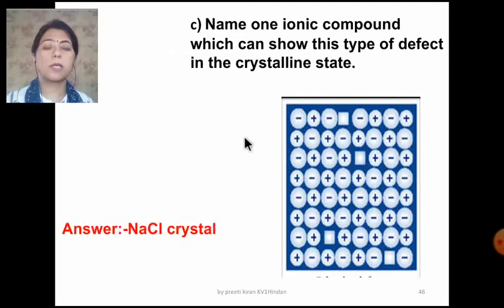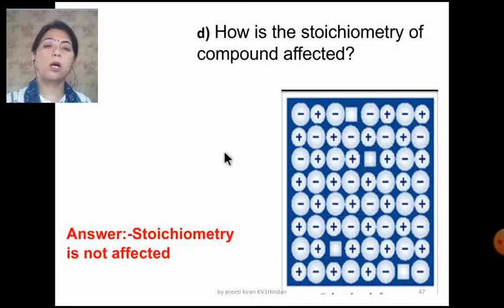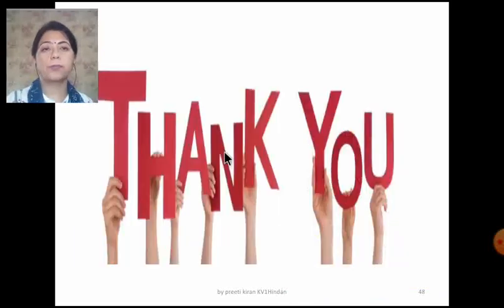The answer is sodium chloride crystal. Here you can write AgBr also because you know that AgBr shows both the defects. How is the stoichiometry of the compound affected? There will be no effect on the stoichiometry because the cations and anions in equal number are missing.